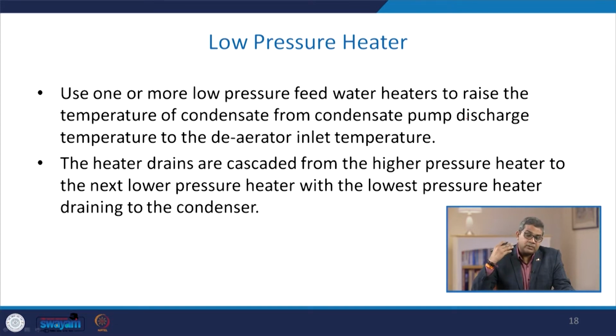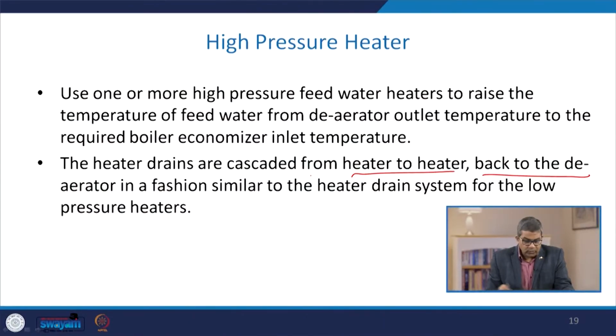It may cause corrosion problems, it may cause foaming problems, and it may alter the heat efficiency of the system. The heater drains are cascaded from the high pressure heater to the next low pressure heater, with the lowest pressure heater draining to the condenser.